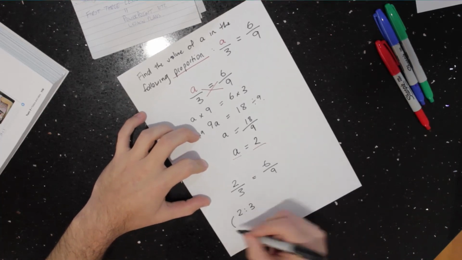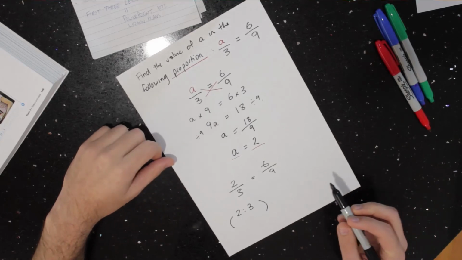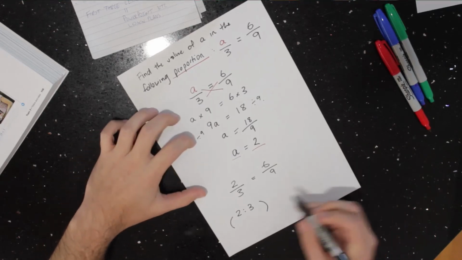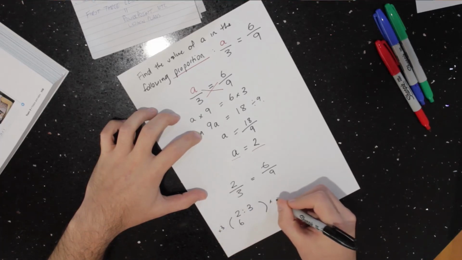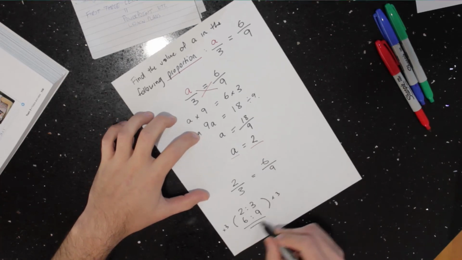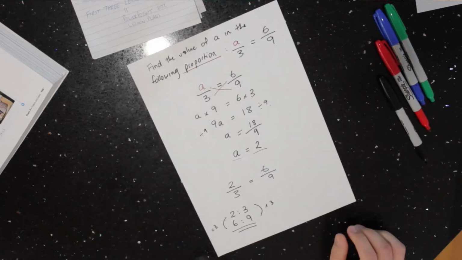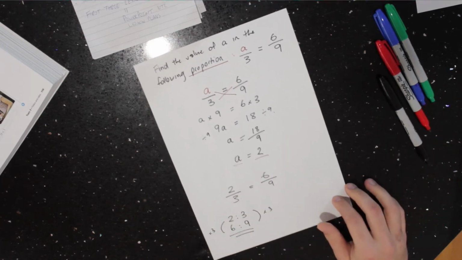If I do my little arrows, what do I need to multiply 2 by to get to 6? I need to multiply it by 3. So I do it to the other side as well: 3 3s are 9. So we can see that our answer is correct and that these are actually in proportion.